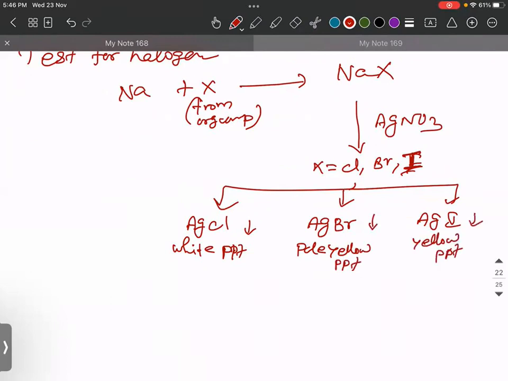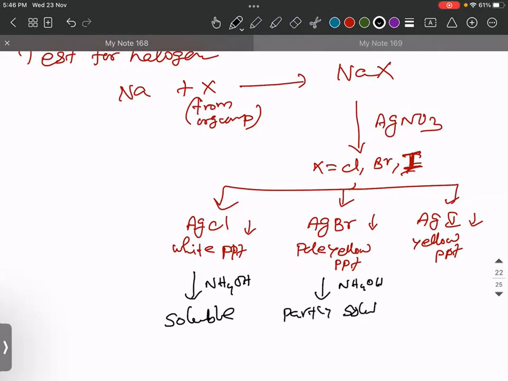Now, how could you find out whether it is chloro, bromo, or iodo? In this situation, if you put ammonium hydroxide, if it is soluble, it is AgCl. If it is partly soluble, AgBr.